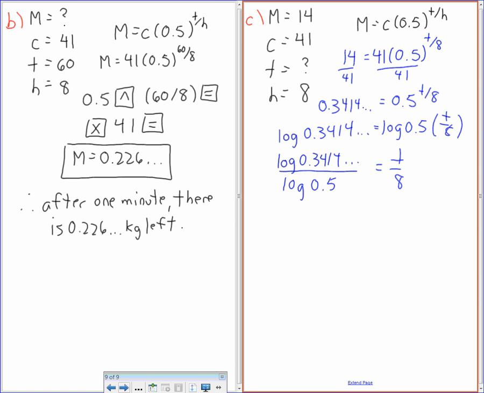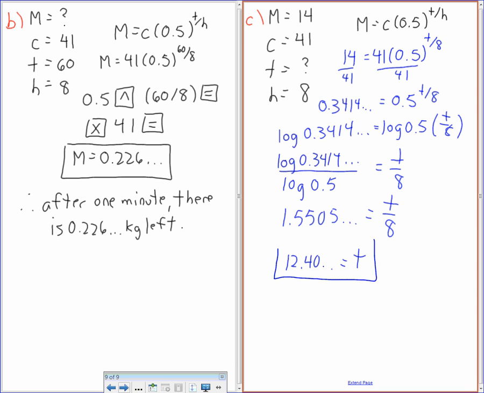Chris, can you do log of 0.3414 divided by log of 0.5, please? 1.5505. All right, Lindsay, I have T divided by 8. Can you count up by 8 for me, please? 12.40.